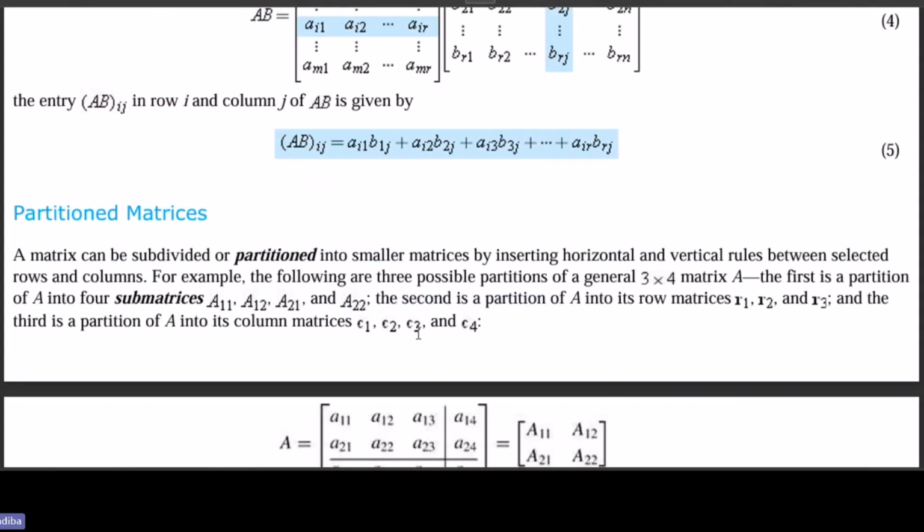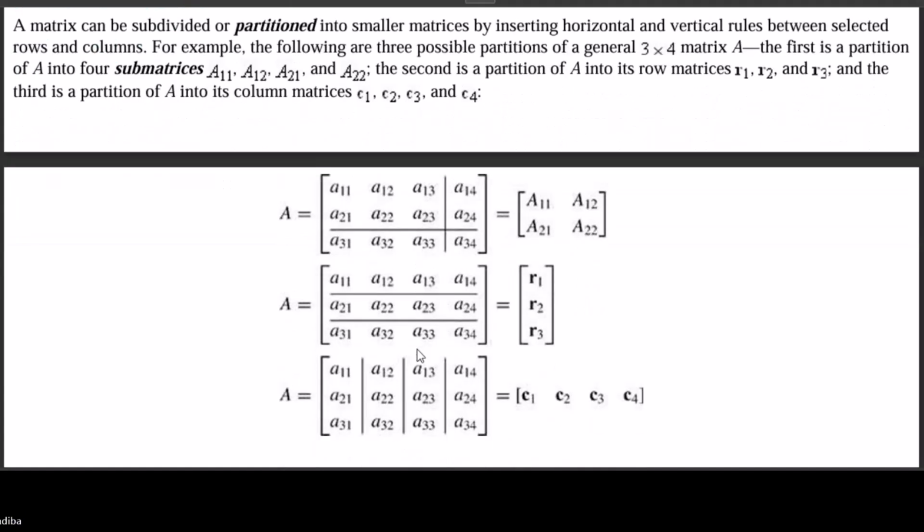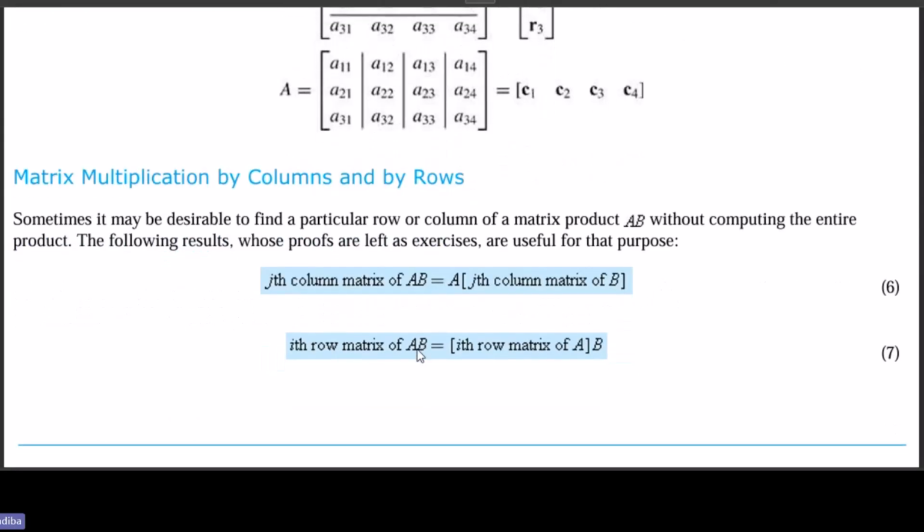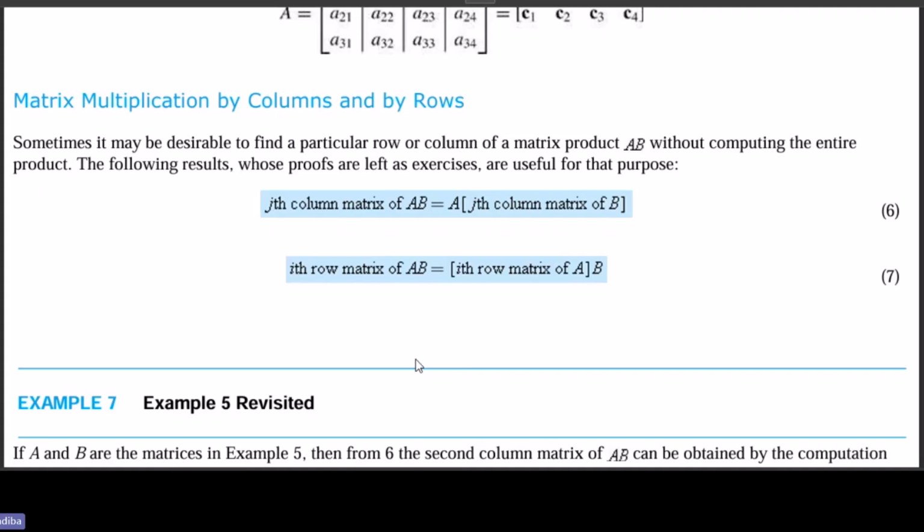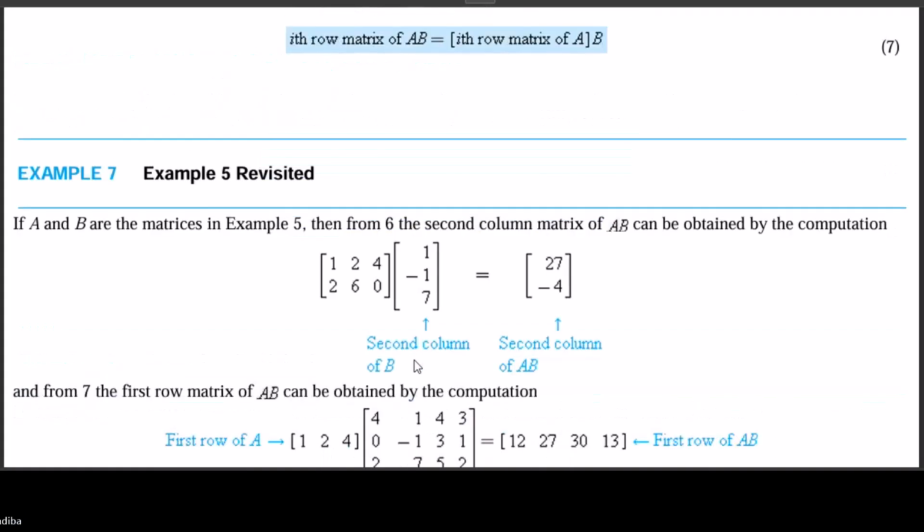Now partition matrices. Multiplication of columns by rows. We've already spoken about multiplication of matrices.